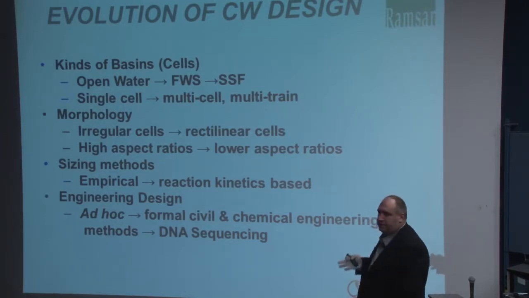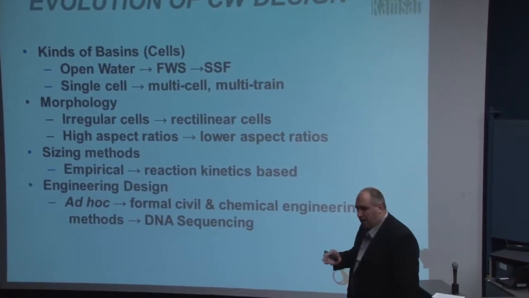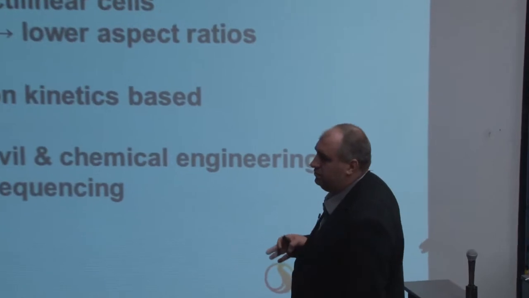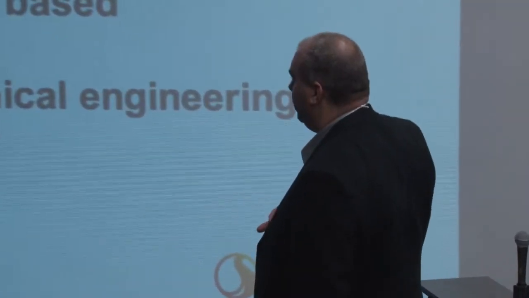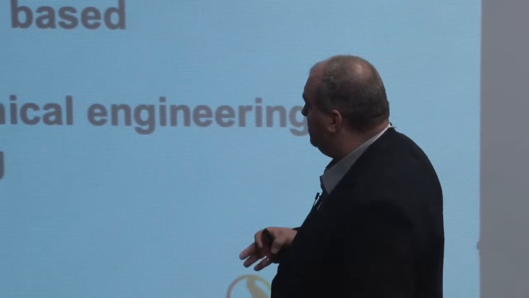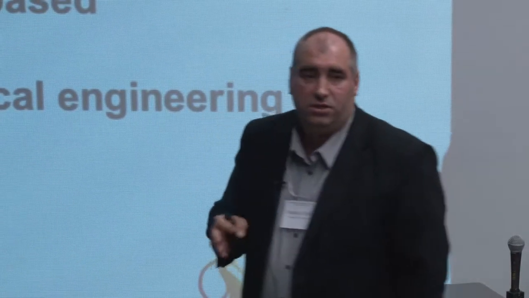And their engineering design has evolved significantly from really an ad hoc type of approach to more formal civil and chemical engineering methods. And even now, more recently, which we'll talk about later, advancement into DNA sequencing and DNA identification of microbial communities that do particular functions.